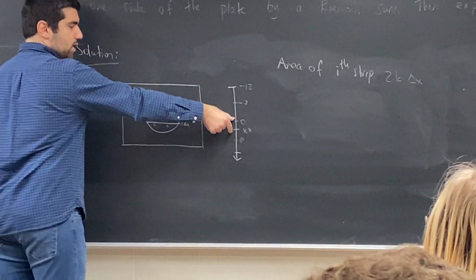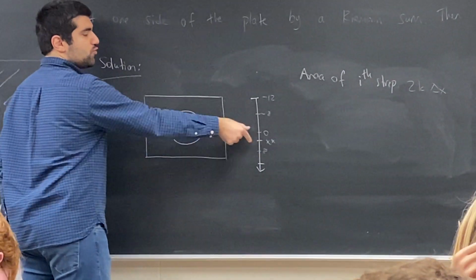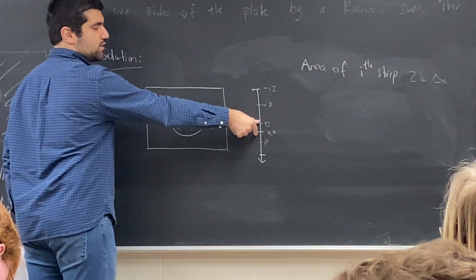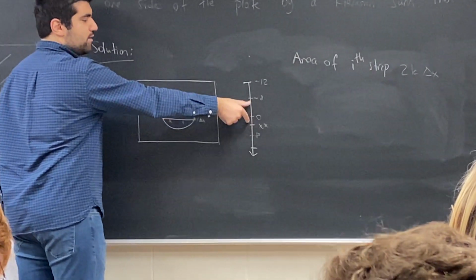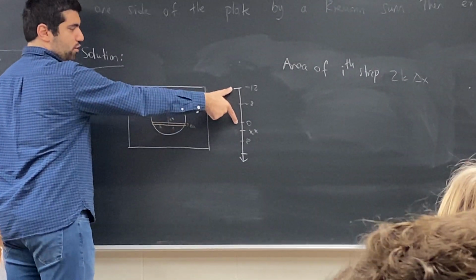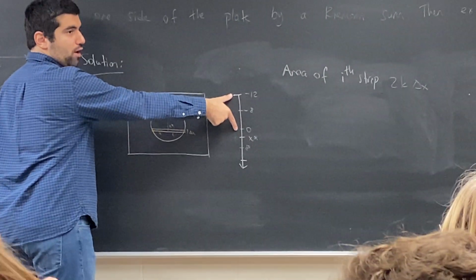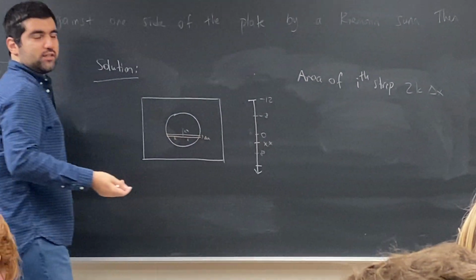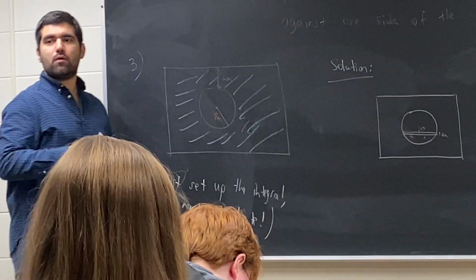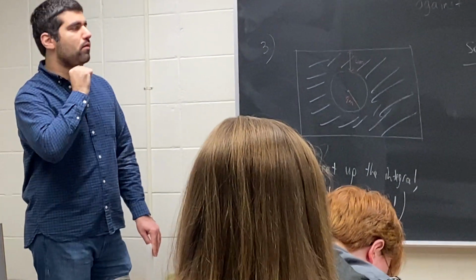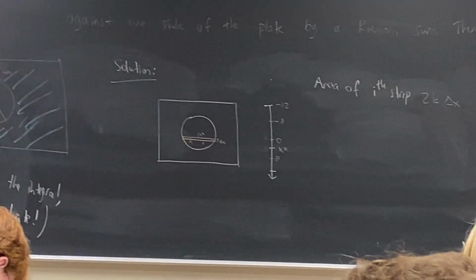So the distance from the strip to the center of the circle is xi star. And then from the center of the circle to the surface, we have 12, so then it will have to be xi star plus 12. What if you put xi star like under 0, it just doesn't matter? No.